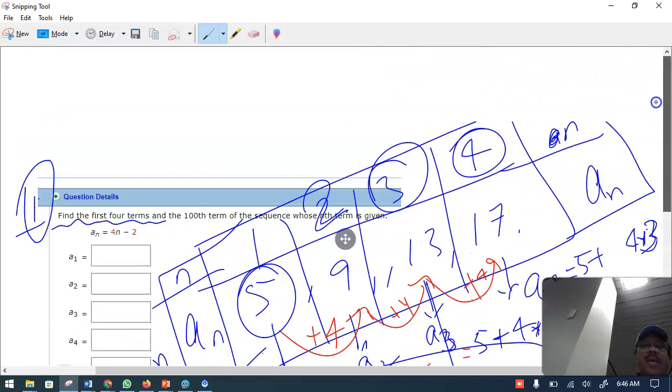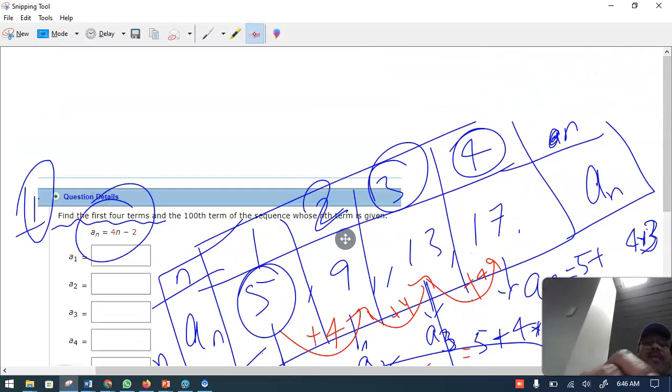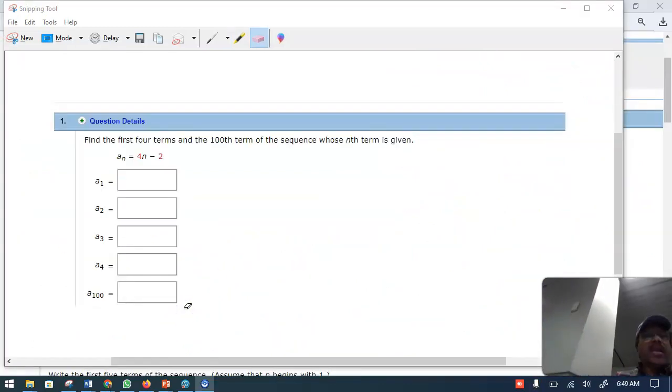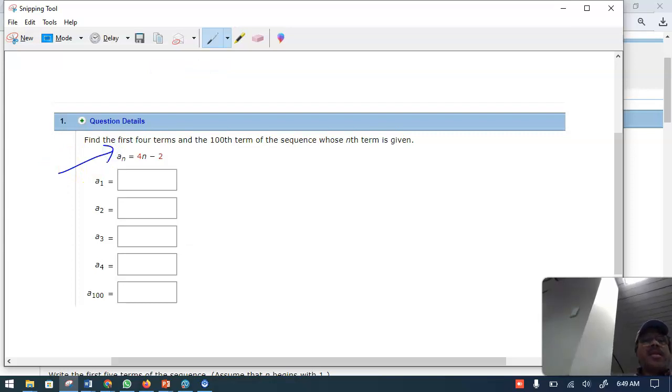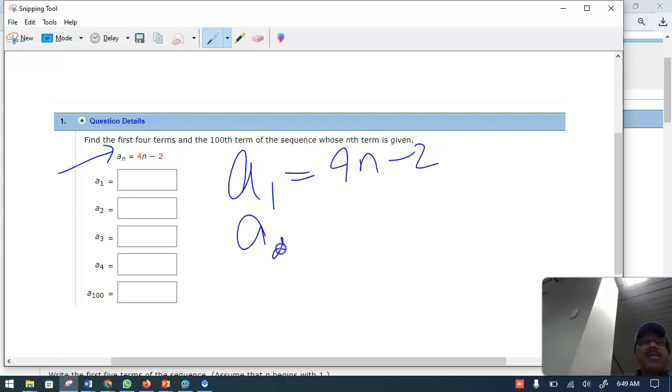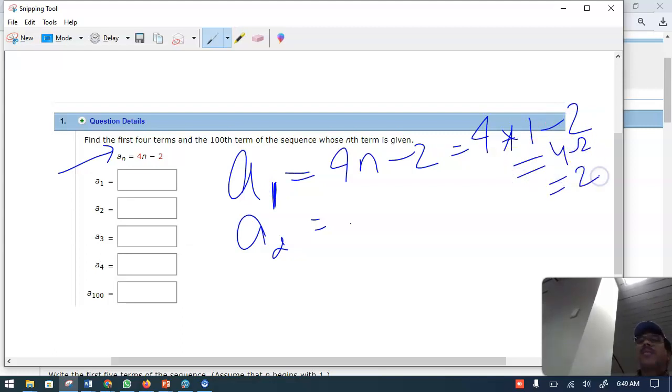But right now they already gave us the nth term formula. So what this basically means, let's see here. You're given the n, and all you do is a of 1, that's the first one, put 4n minus 2. A of 2, you put 4 times, so n is 1, so put 1, 4 minus 2 equals 2.